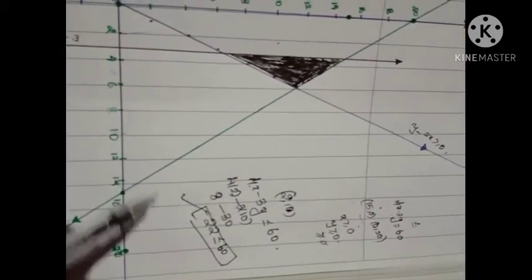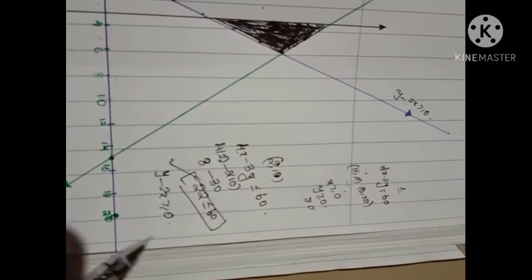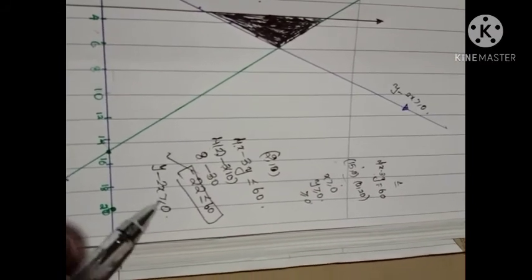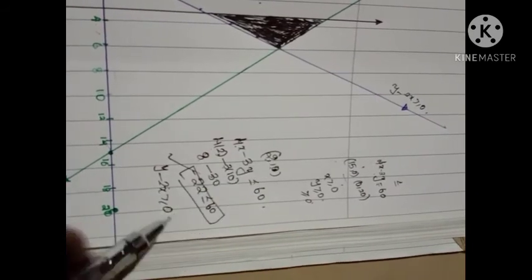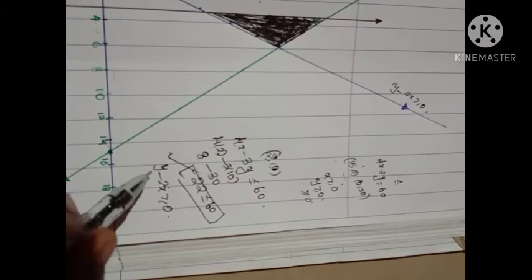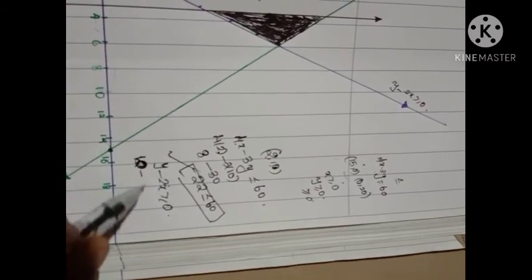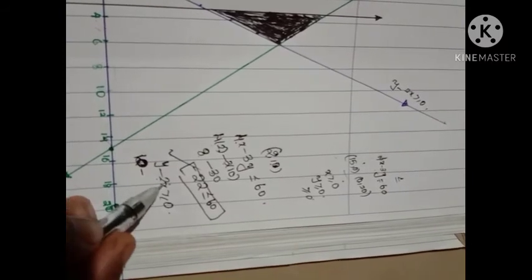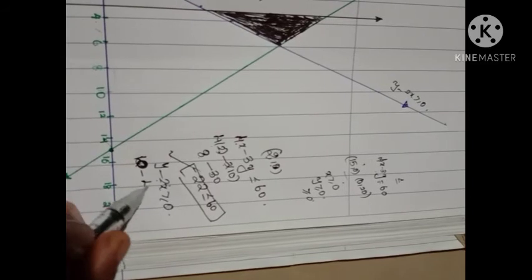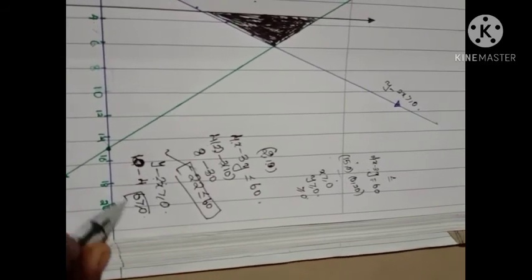Now take the second inequality. The second inequality is y minus 2x is greater than or equal to 0, isn't it? So here put y equal to 10, x equal to 2. What will happen? 10 minus 2 into 2, 2 into 2 is 4. 10 minus 4 is 6. 6 is greater than or equal to 0.